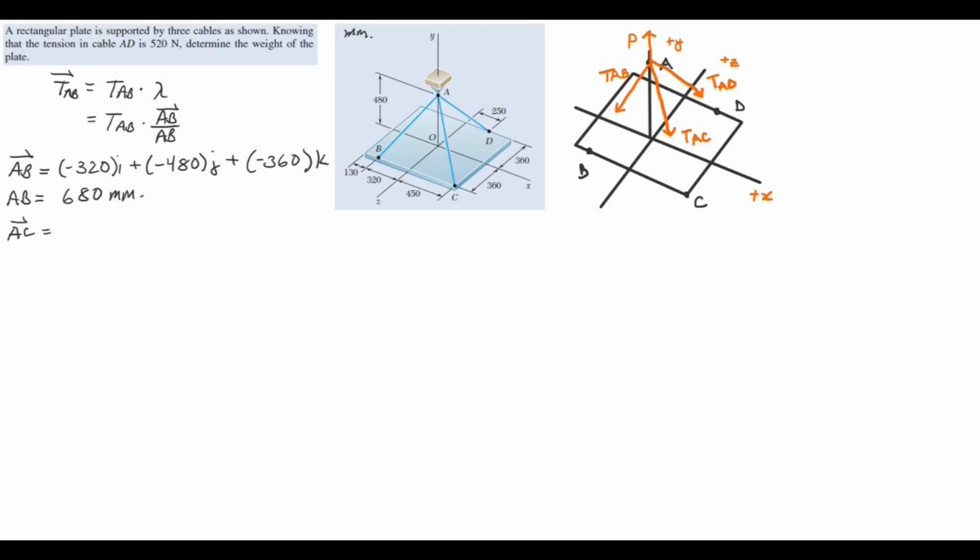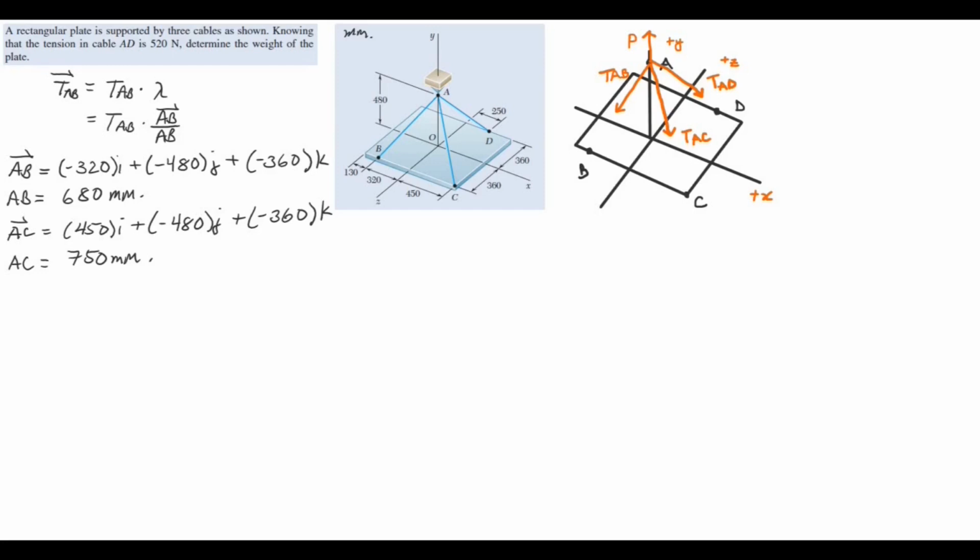is equal to 450i minus 480j minus 360k, and its magnitude is equal to 750 millimeters.